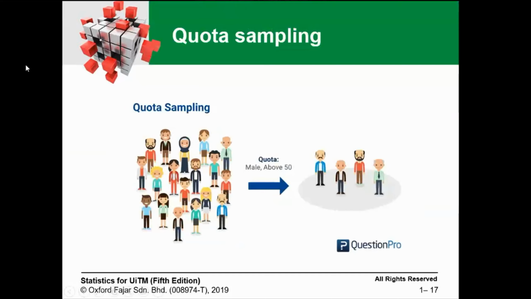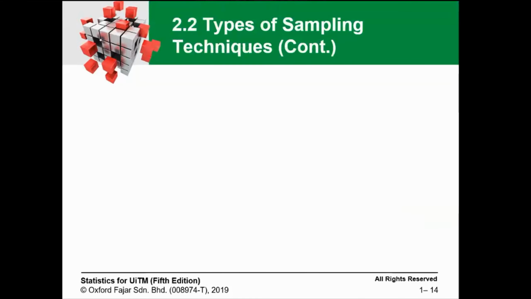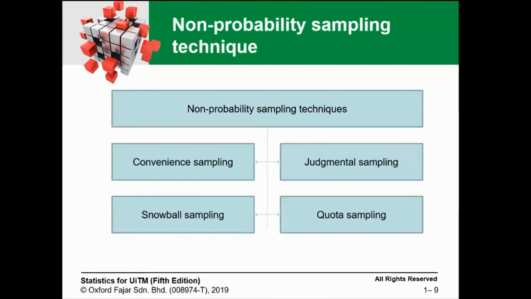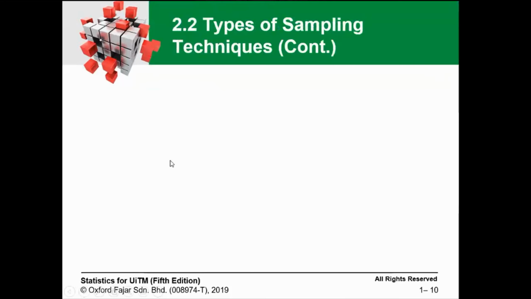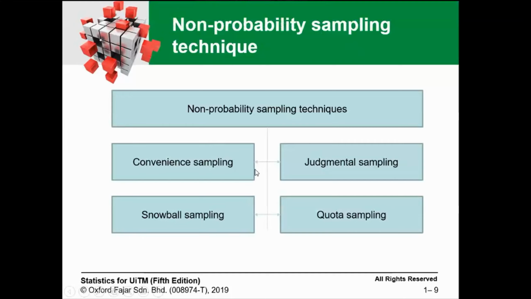So like this, we finish what we call the non-probability sampling techniques. If you remember, we said that for non-probability sampling techniques, there are four types. We have the convenience sampling technique, the judgmental sampling technique, the snowball sampling, and the quota sampling.